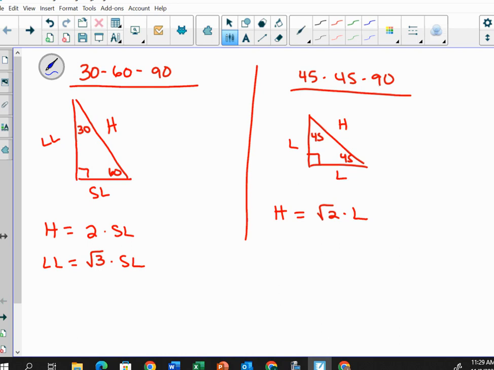These are your special right triangles. You can label it as that if you would like.